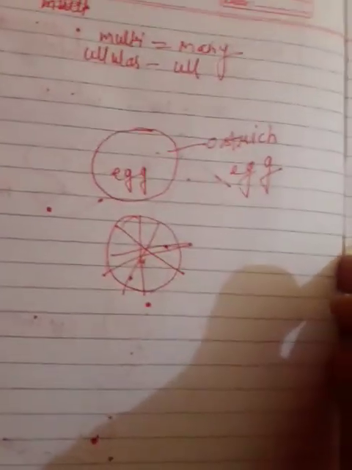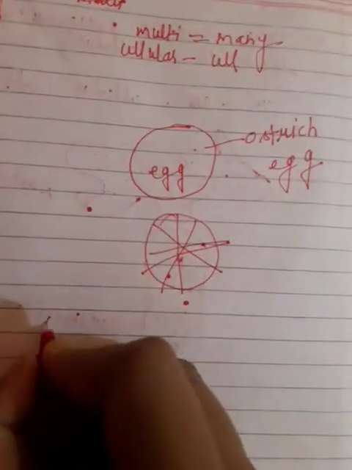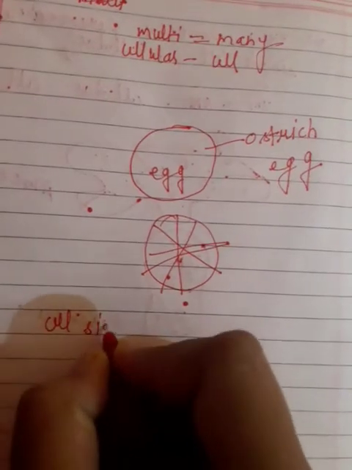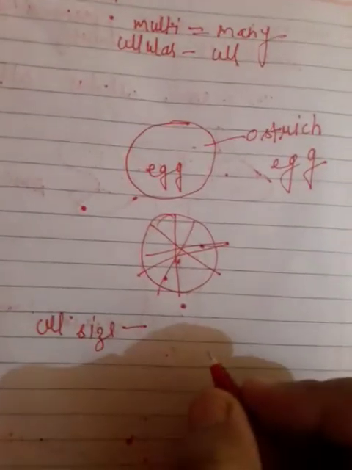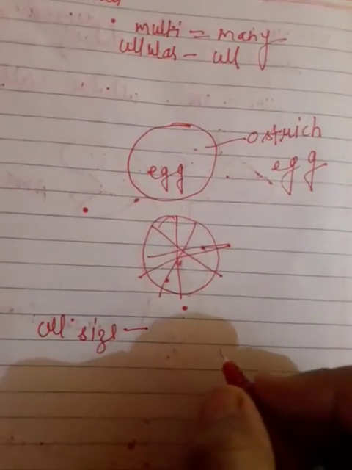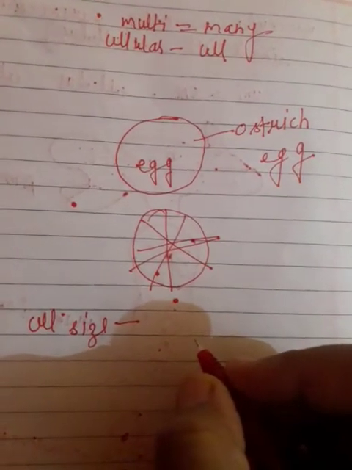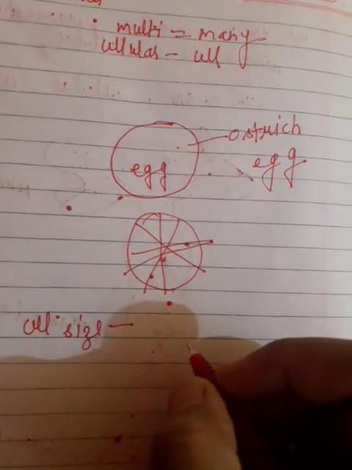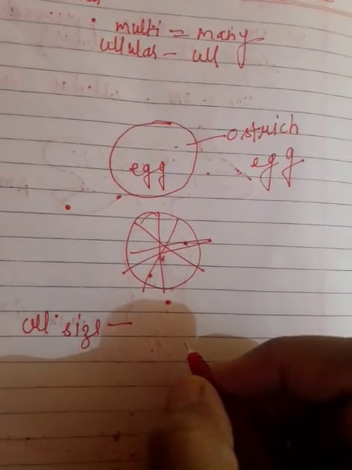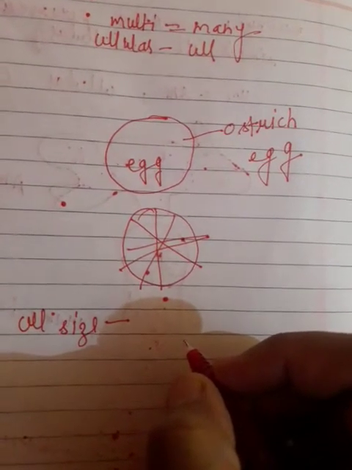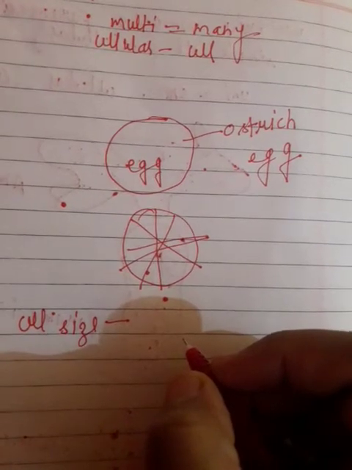The cell size, the size of cells in living organisms, varies greatly. It may vary from a few microns or micrometers, where 1 micron or micrometer is equal to one millionth of a meter, to a few centimeters.